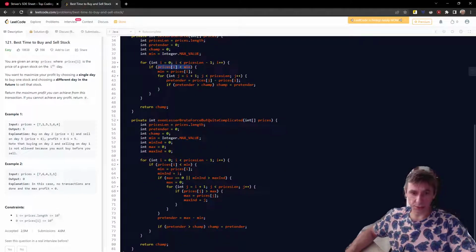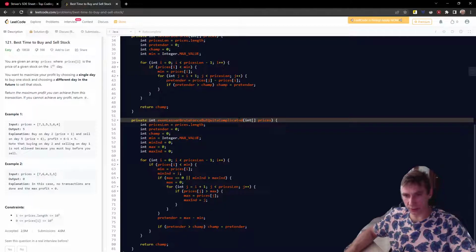And then I came up with another one. I call the function, so it's even less brute force, but quite complicated.